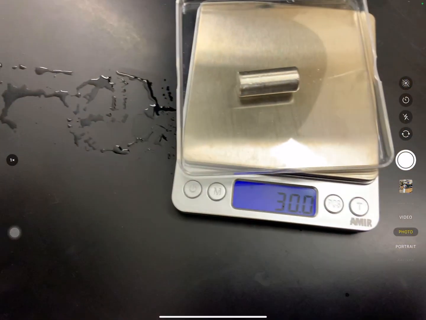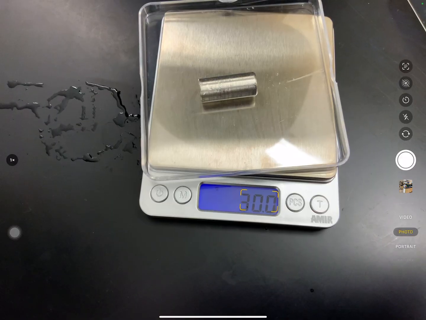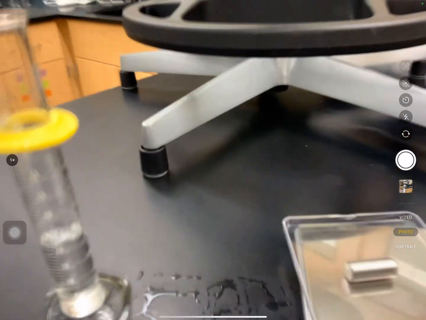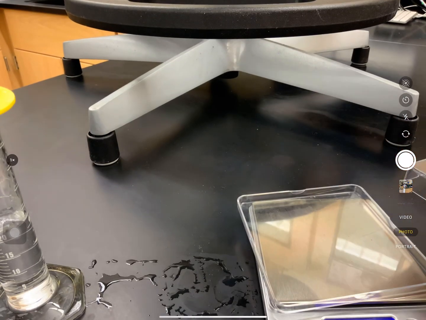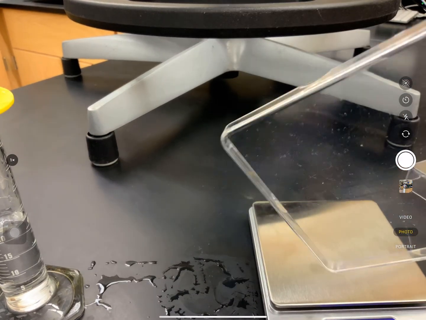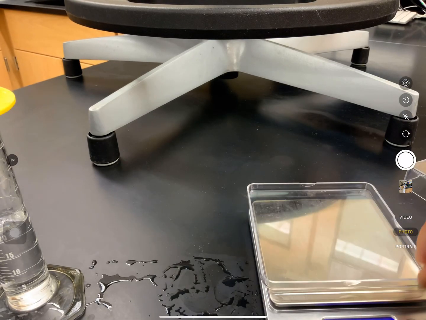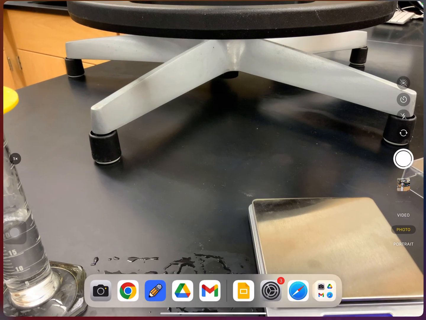And then you'll place your item on it, and you'll just read. So this is 30.0 grams. All right, so that is how you use a bench scale. Take off both covers. And then if you have a rolling item, put this on kind of as a dish, and then tare, put your object on, and then you're done.